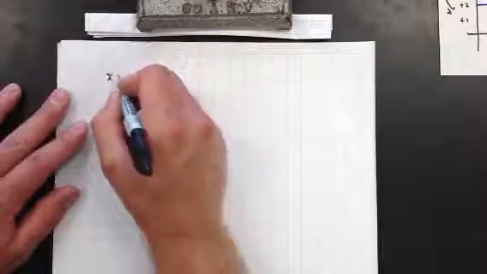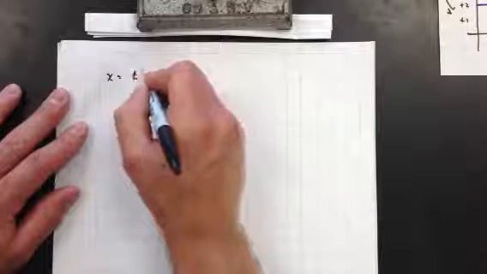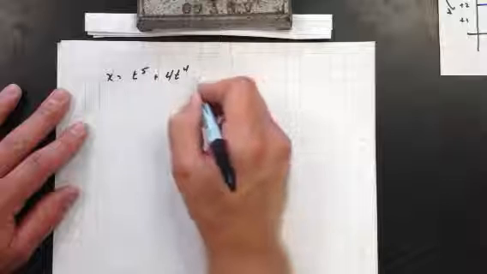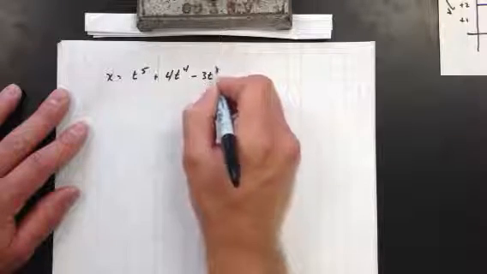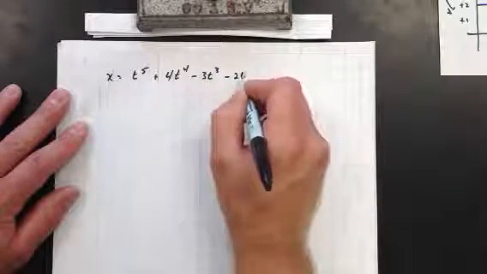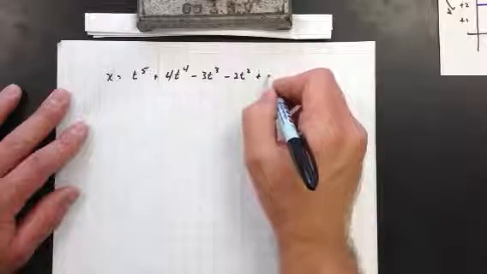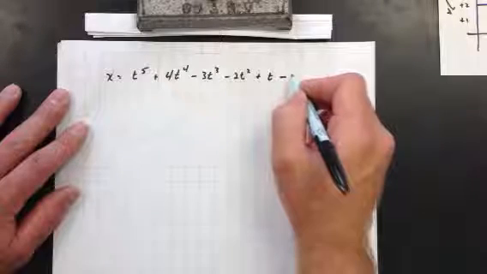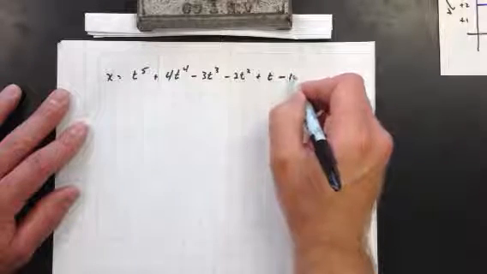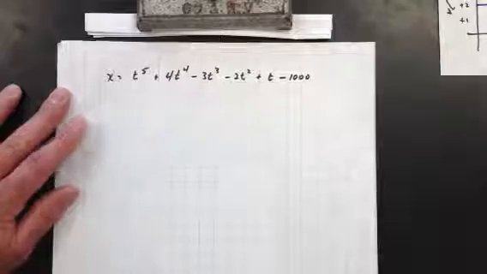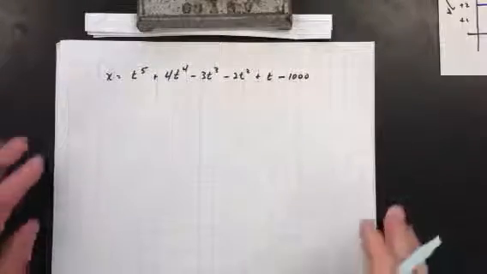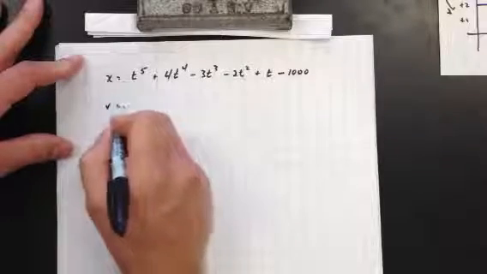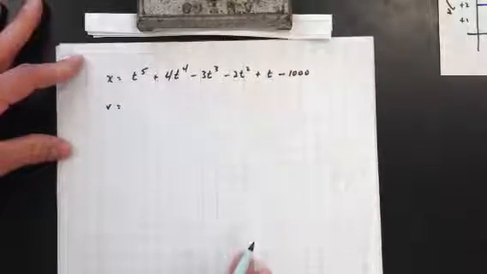So let's give our position as t to the 5th plus 4t to the 4th minus 3t to the 3rd minus 2t to the 2nd plus 1t to the 1st minus, I don't know, 1,000, because why not? Doesn't make it more difficult, right? So let's take the velocity function, the derivative of position with respect to time.